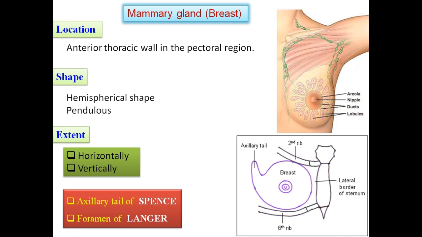The axillary tail of Spence passes through the axillary fascia, through a small opening called the foramen of Langer.